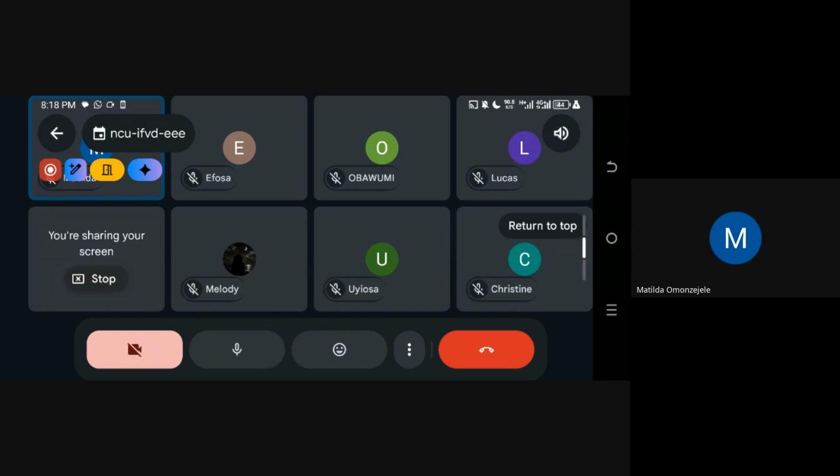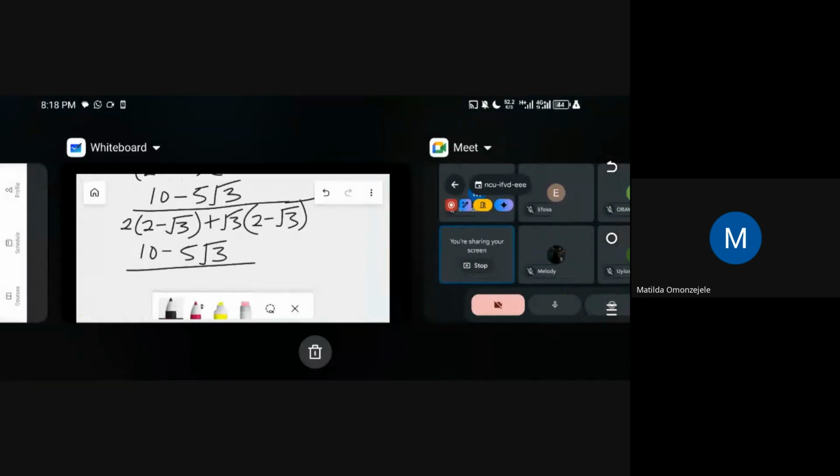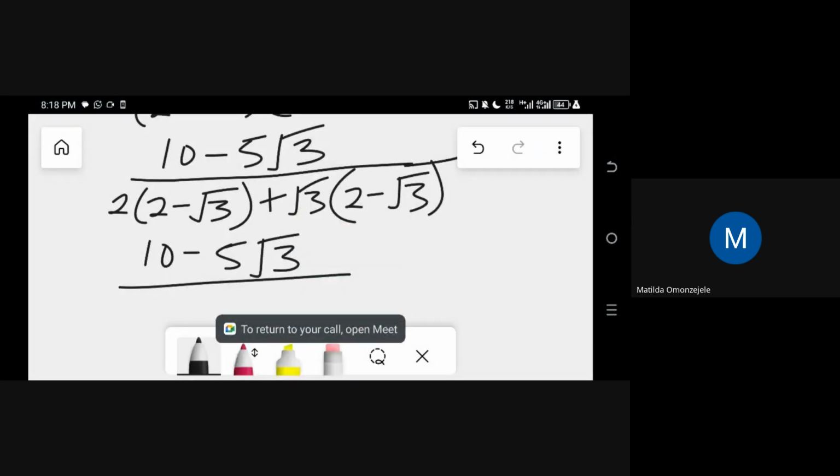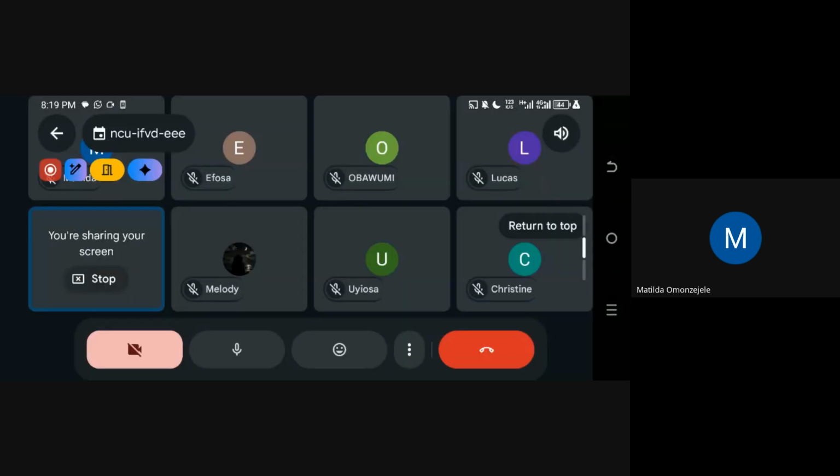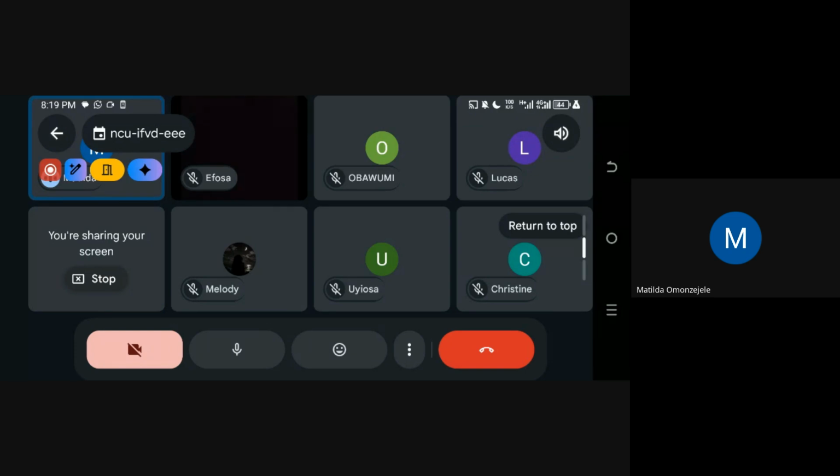Okay, just follow up with what we're doing. We've not done so much yet. So back to this, I have 10 minus 5 root 3. Melody, was that you that said your network was bad? No, Matilda. Okay, right.